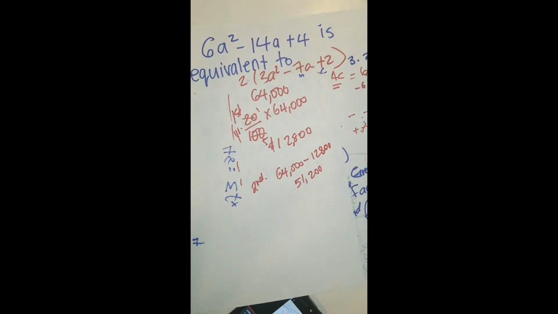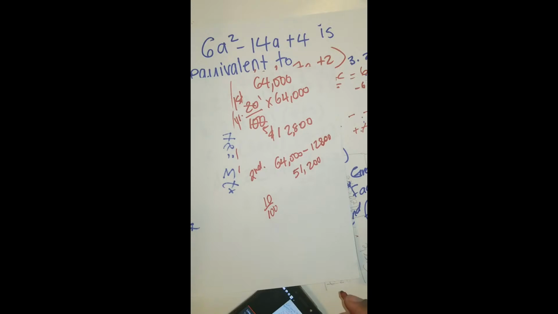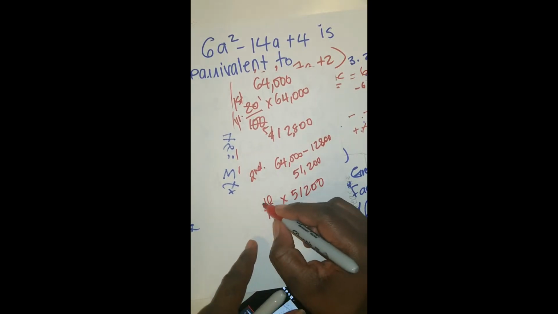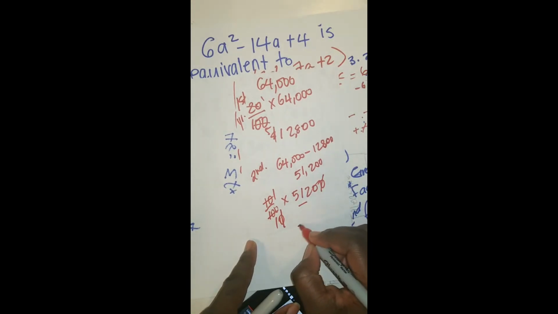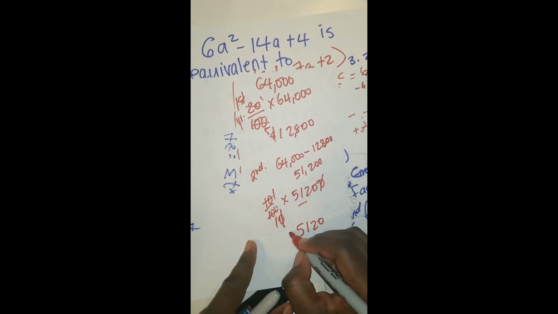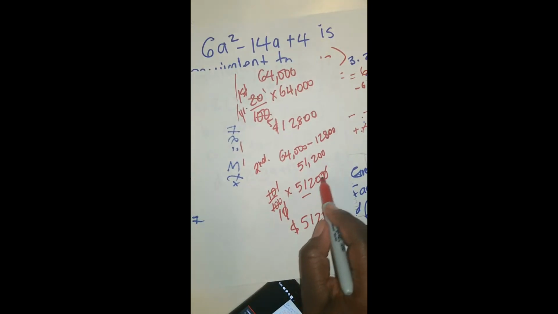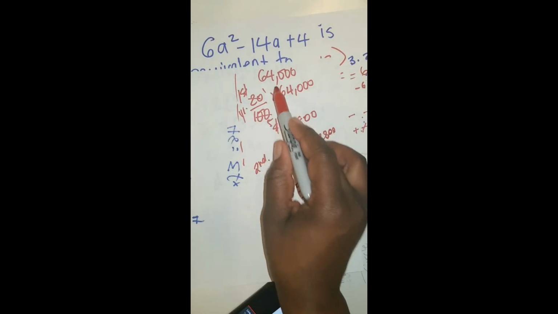Okay. And so in this second year, you said the car lost 10%. So you have to find 10% of 51,200. You should get 5120. I use this amount instead of 64 because whatever they gave you first, the car is no longer valued at that in year 2.